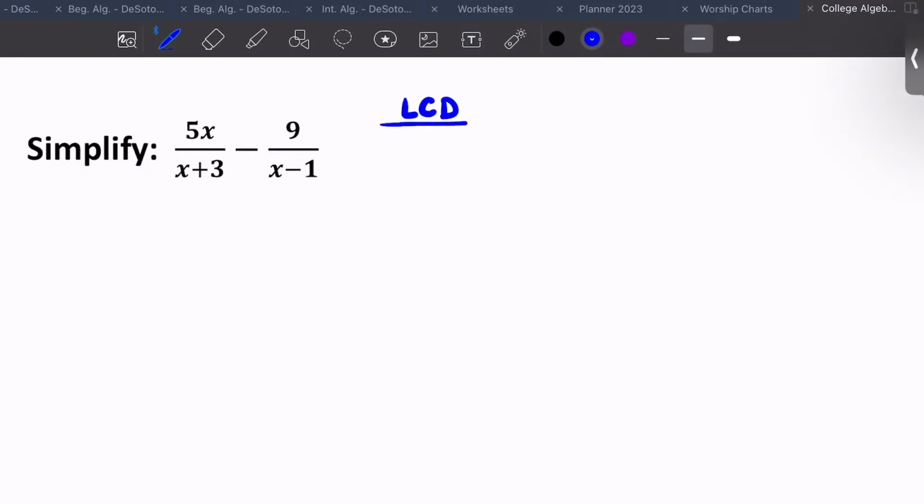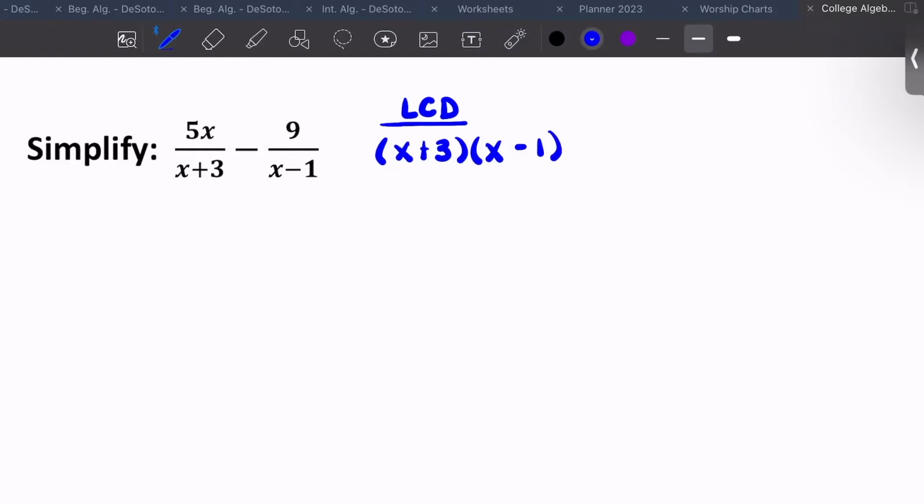Okay. Basically, we need everything that's in our denominators to be accounted for one time. Okay. So we need an x plus 3 and we need an x minus 1, right? We need that to happen.